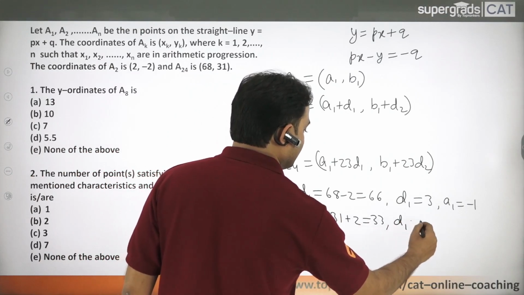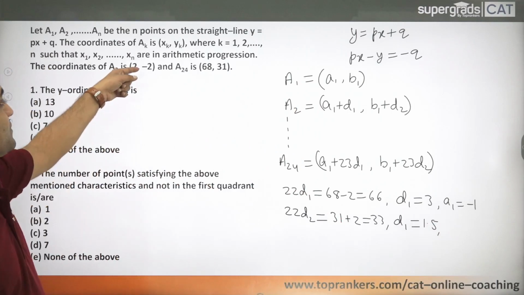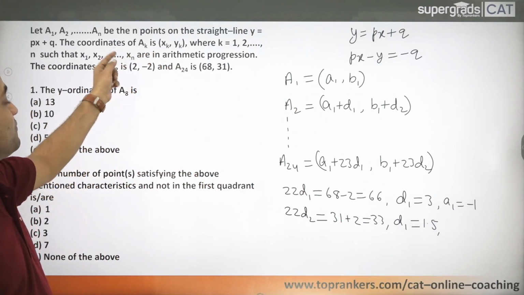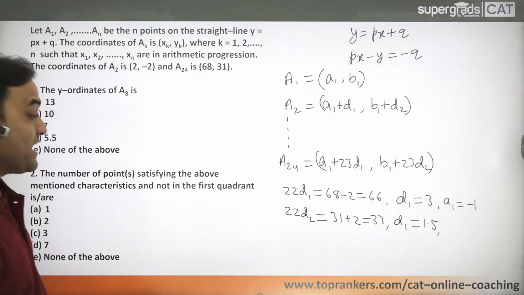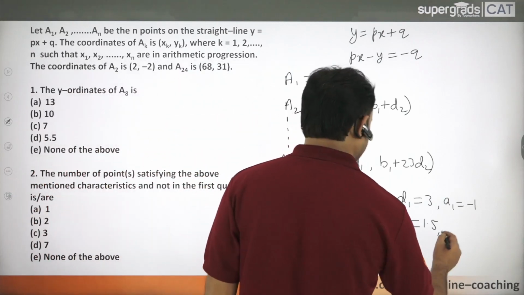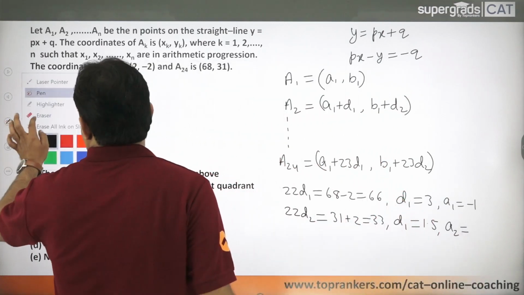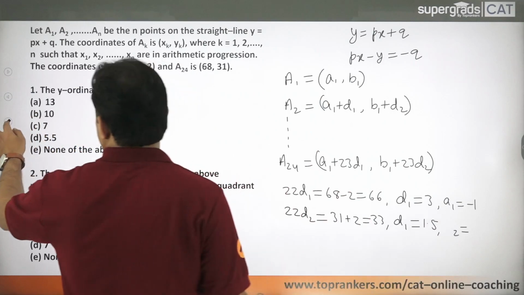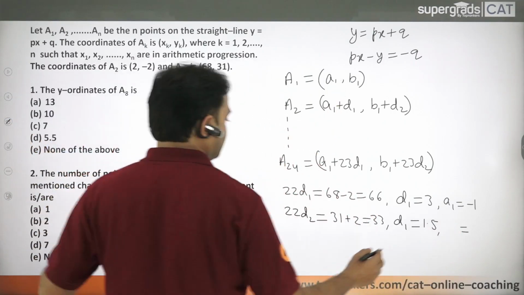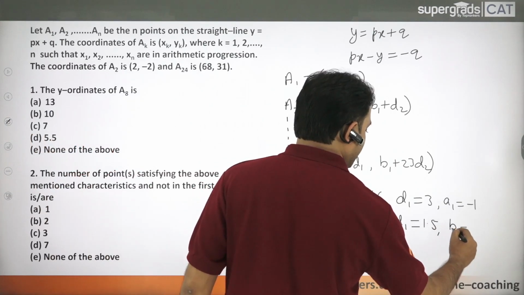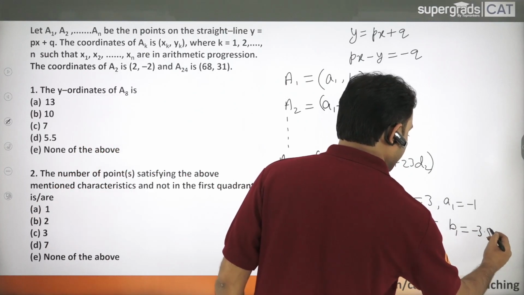So D2 will become 1.5. If D2 is 1.5, we can find out the value of B1, which will be, I guess, minus 3.5. B1 will become minus 3.5.